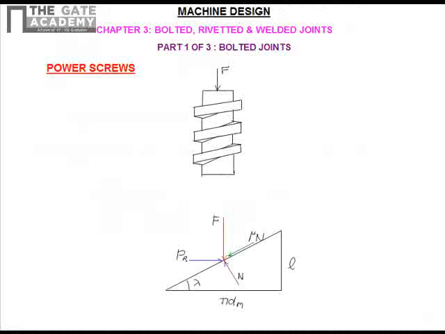Now we will see what a power screw is. A power screw is a device used in machinery to change angular motion into linear motion.